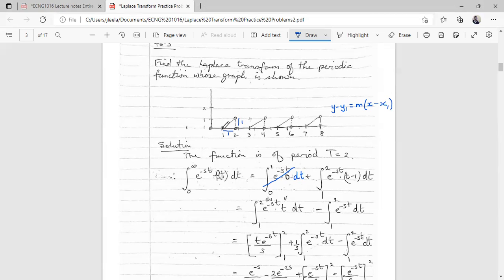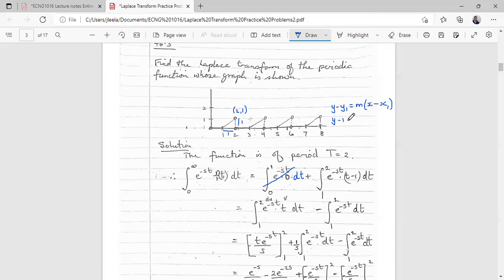The slope is 1, so you could use either this point, (1, 0), or this point, (2, 1). Let me use (2, 1), so x1 is 2 and y1 is 1.